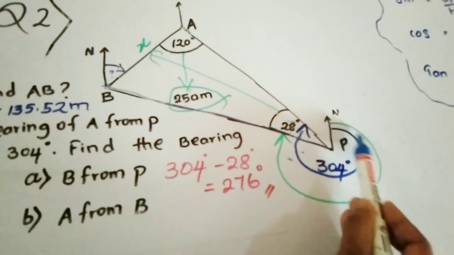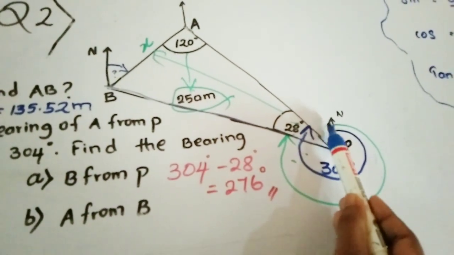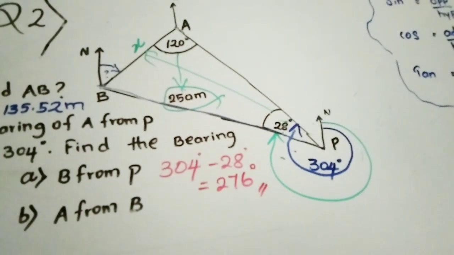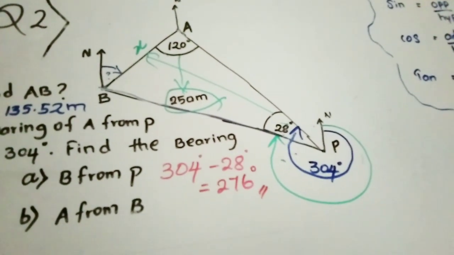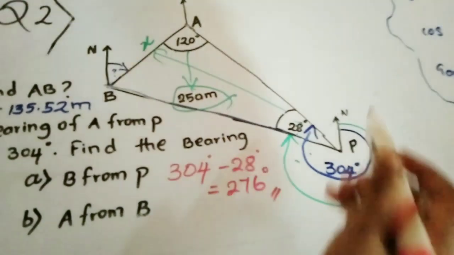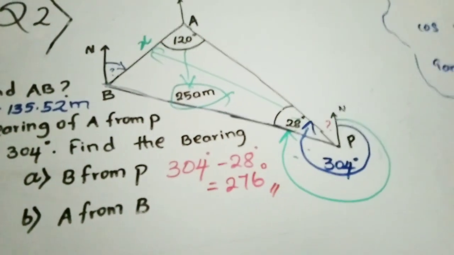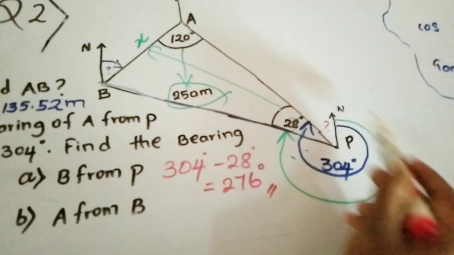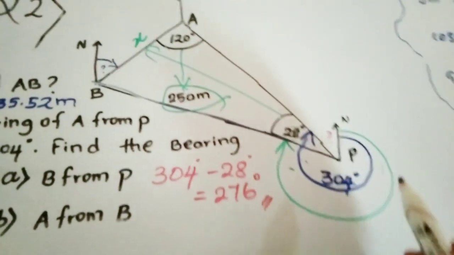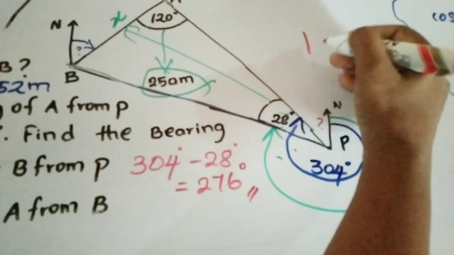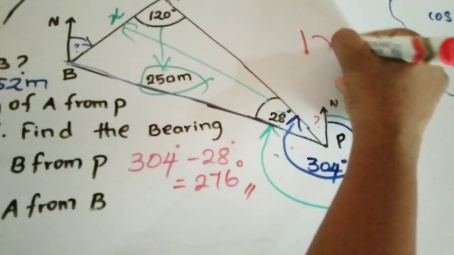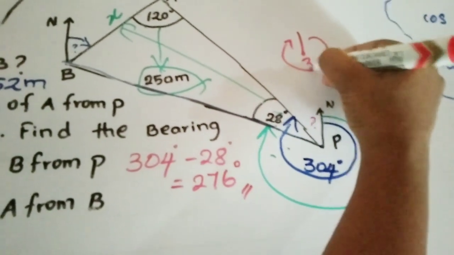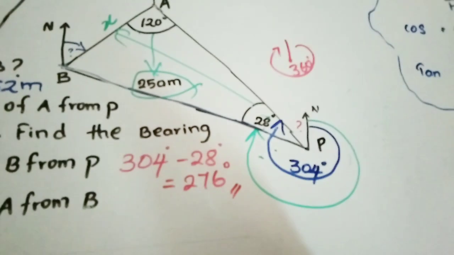To find the bearing of it, first we have to find the unknown angle. How can we find this unknown angle? We can use a simple theory for it. Angles at a point add up to 360.